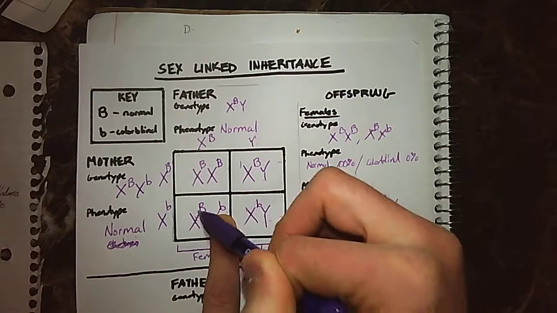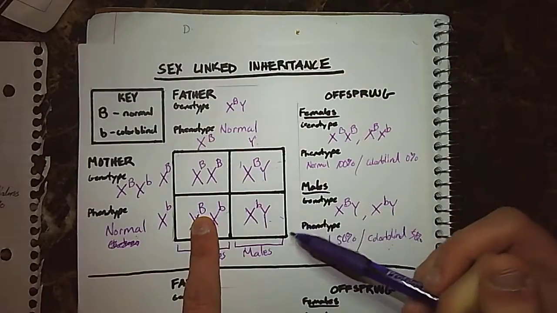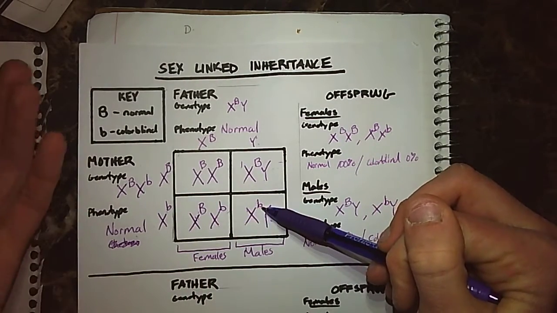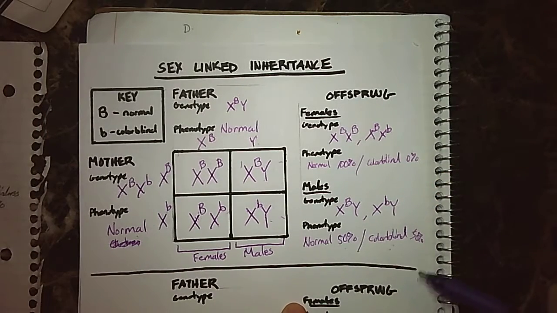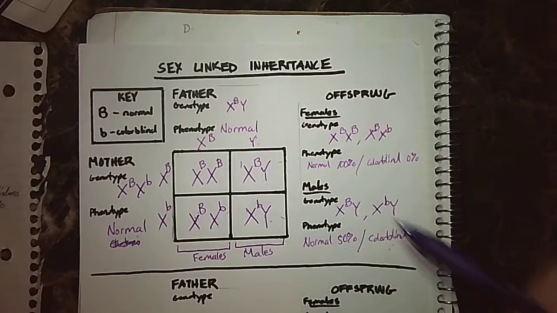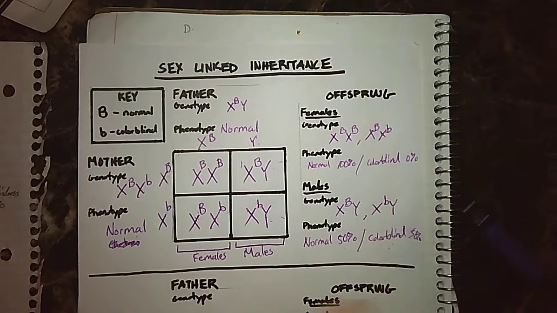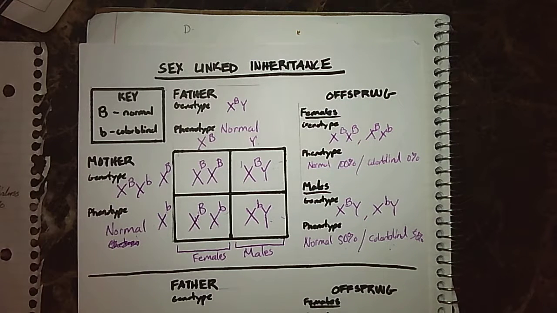She gets another chance to have that dominant allele where it'll mask it and she has the normal phenotype, while the male, if he gets the recessive allele, that's what he's expressing in his phenotype because there's no other allele coming from this Y chromosome. So because of this type of crossing, this explains why more males have color blindness compared to females.